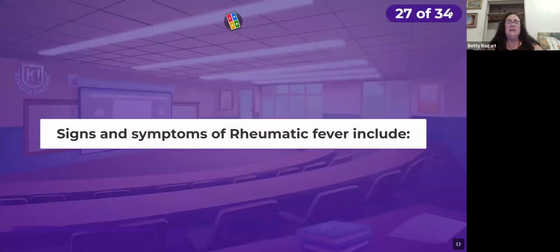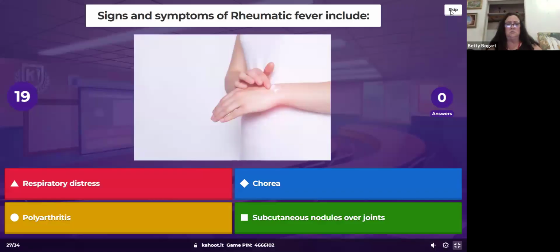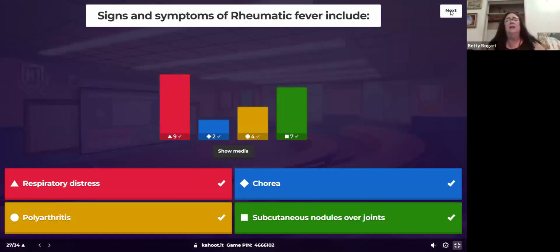Multi. Signs and symptoms of rheumatic fever include... remember, due to a strep infection. So you get a kid coming in that's showing all these weird stuff and you don't know, and the chorea and the sore throat and respiratory distress and these nodules and polyarthritis and all of that.